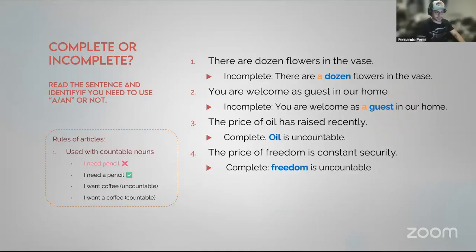Thank you, Oria. I got it now. Perfect. If it's countable, you need to use a or an. If it's uncountable, you don't need any article, right? This is the easy section because what happens when you are talking about plural nouns, right?